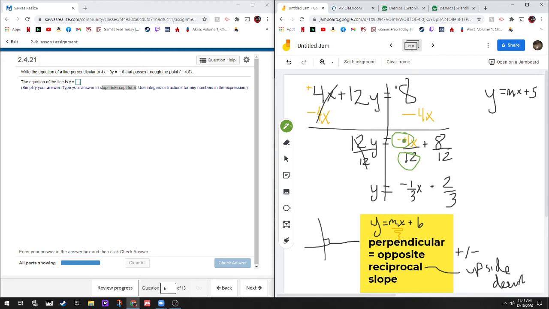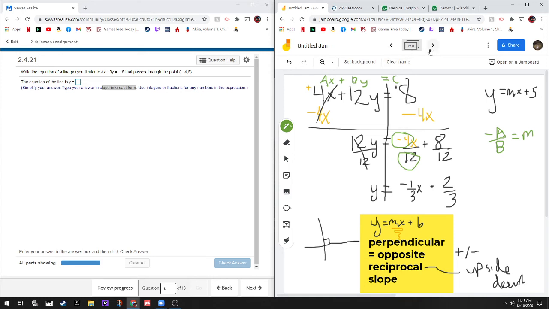It wasn't regular 4, it was negative 4, and then over the same 12. If we call this standard form, ax plus by equals c, this is standard form. If you take a, but the opposite of it, so negative a, and then divide it by b, that will always give you your slope.